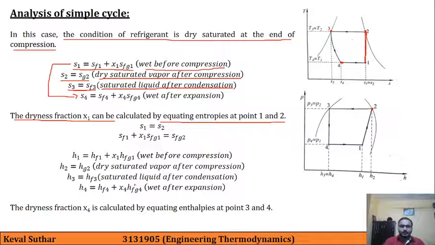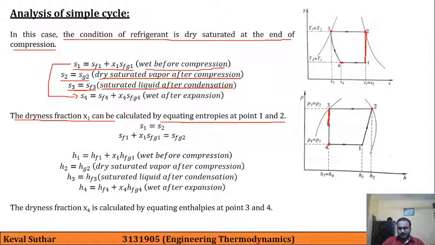Now, if we need to calculate the dryness fraction X4, that is at point 4, we can equate the enthalpies at point 3 and point 4.